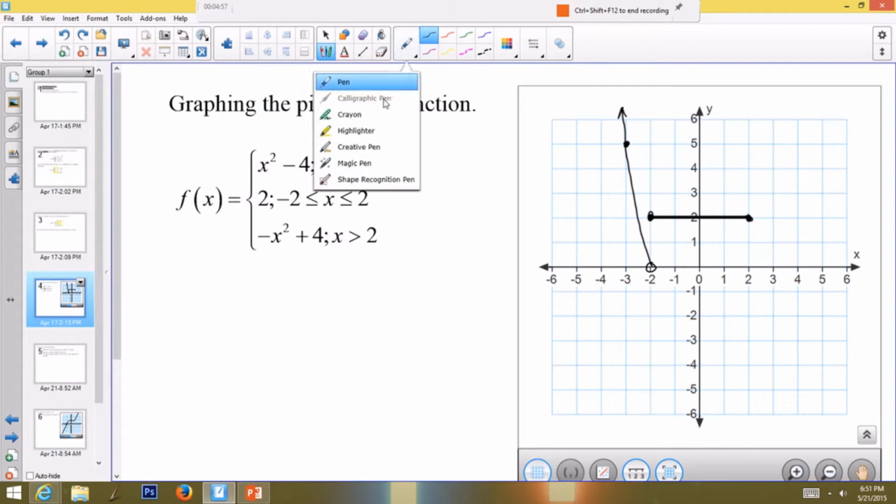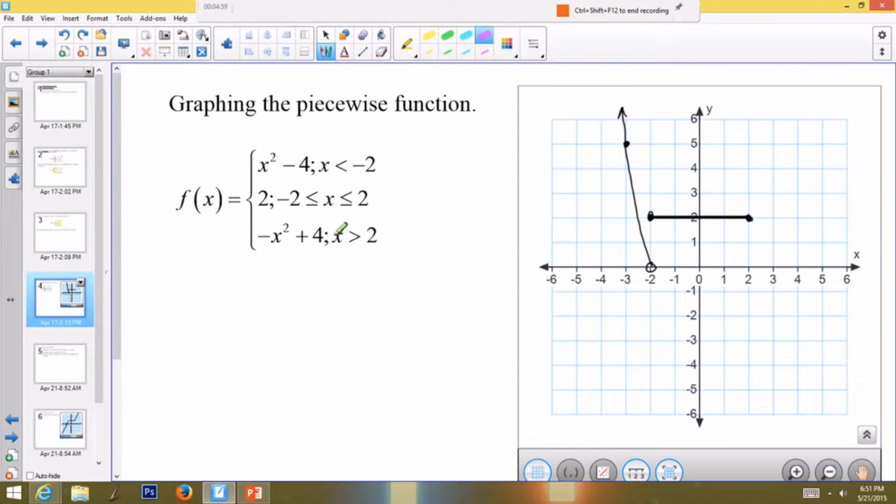Now, finally, I want to graph for values of x that are greater than positive 2, so from here towards positive infinity. This time though, let's undo this. My first value I want to pick is again at 2, because that's a point where we change.